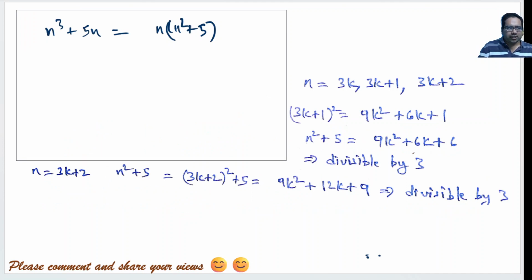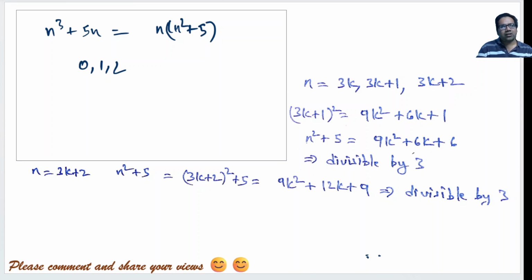Now, any number n, when divided by 3, can either leave a remainder 0 or remainder 1 or remainder 2. Right? Whatever number you take, it will leave remainder 0, 1 or 2, because every third number is a multiple of 3.